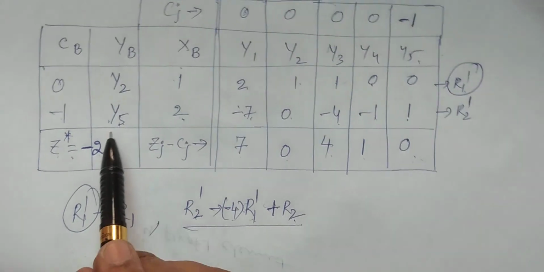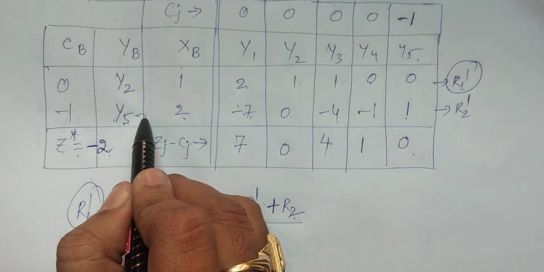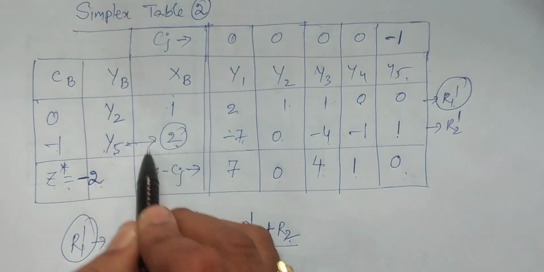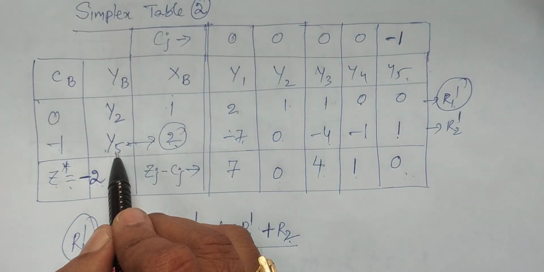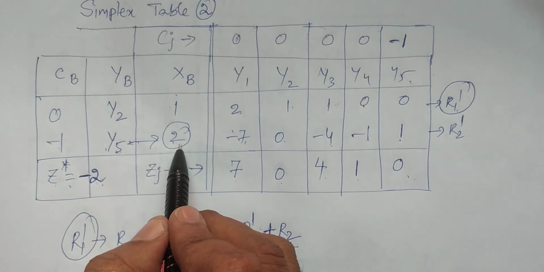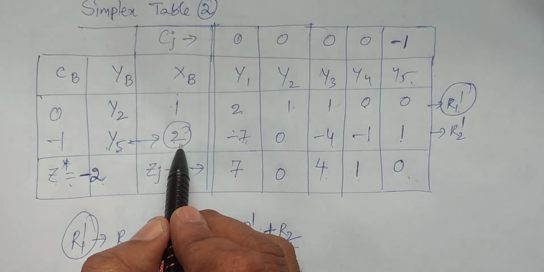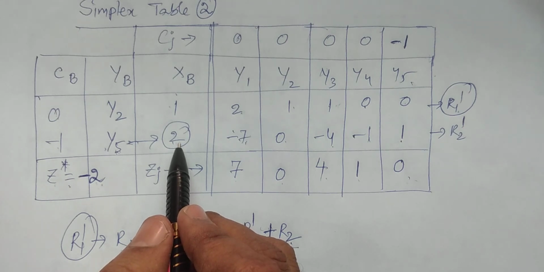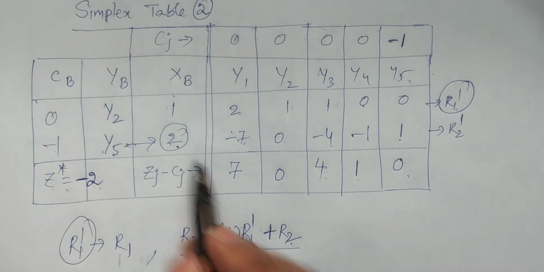The corresponding entry in XB, the element here corresponding to y5, the artificial vector, is 2. This is called positive level, and if it is 0, it is 0 level.